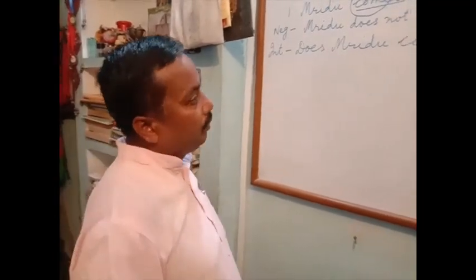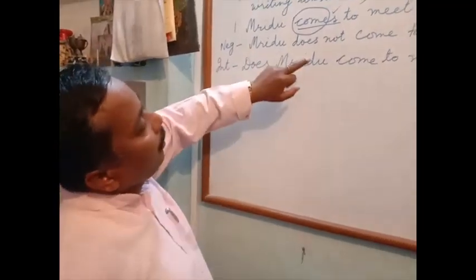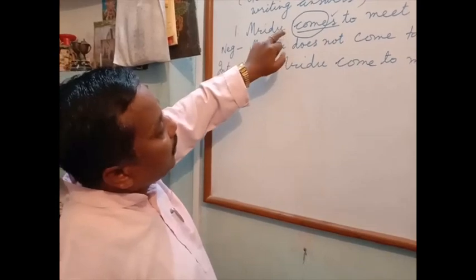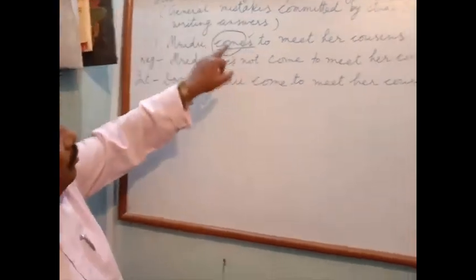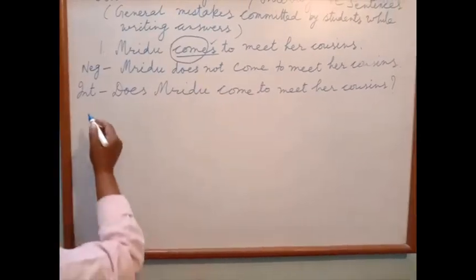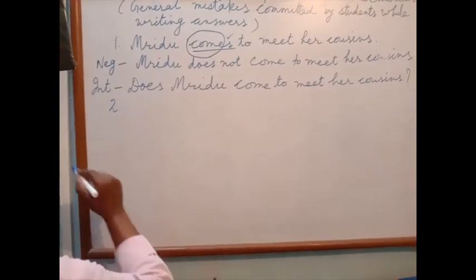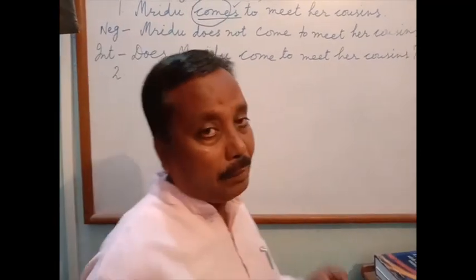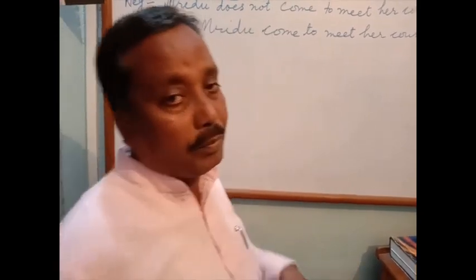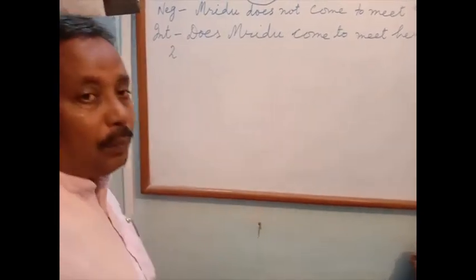Okay. Now let's change this sentence into present continuous tense. What is the structure of present continuous? Subject, am/is/are, V4, object, complement, we know.